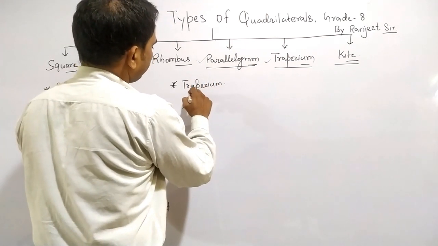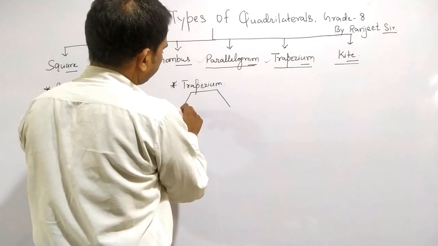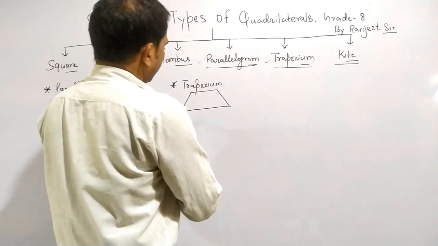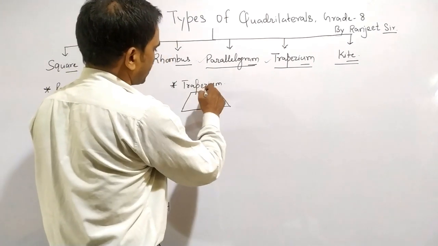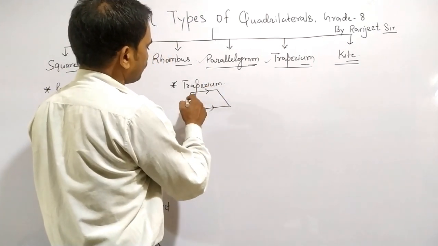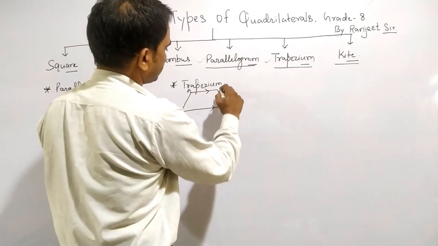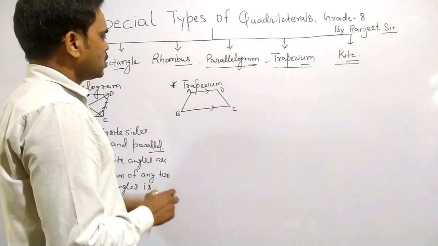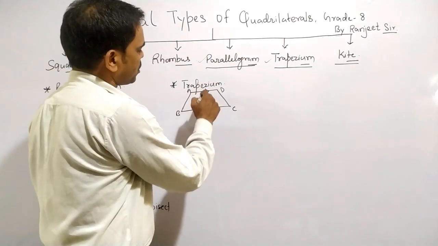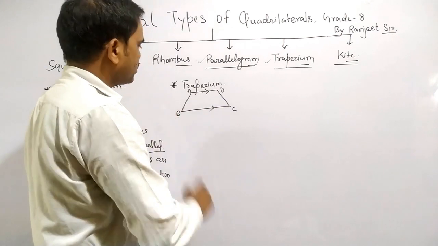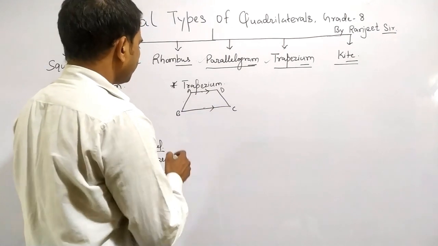In a trapezium you'll find one pair of opposite sides is parallel to each other and the other pair is non-parallel. If I say this is A, B, C, D, one pair of opposite sides is parallel to each other.